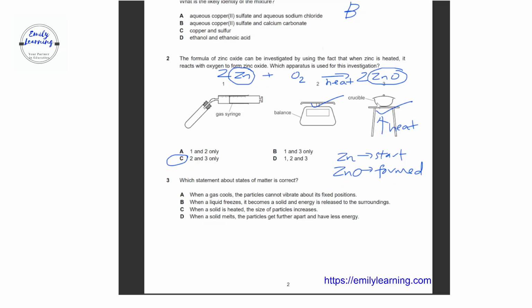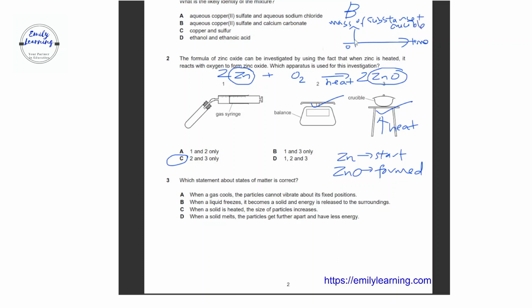After heating for some time, you measure the mass, then you heat again. You only stop measuring the mass when the mass becomes stable. So this is time, and this is mass of substance plus crucible. The mass of the crucible should remain the same.